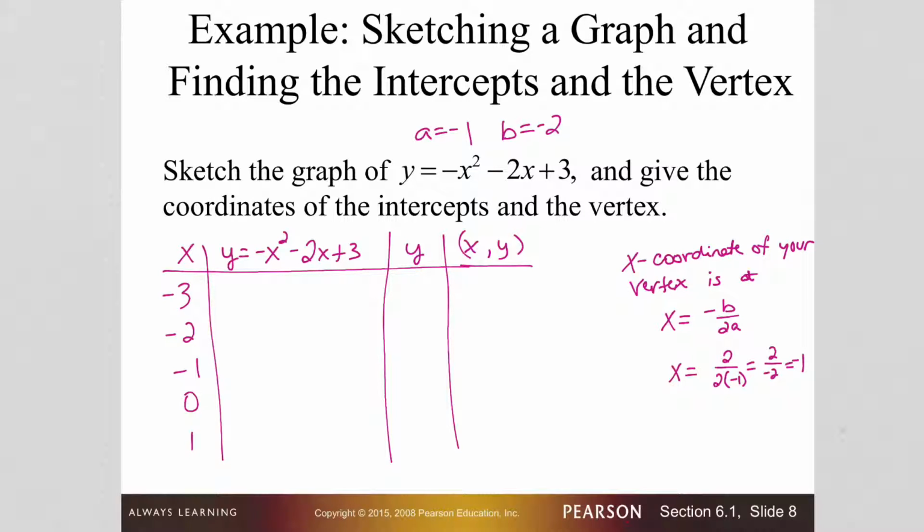So these are the 5 points that I'm going to put into my calculator, and I'm going to see what I get out for y. You might want to try this too at home. Don't forget, those parentheses with the negative numbers are super important. So make sure that you use your parentheses.